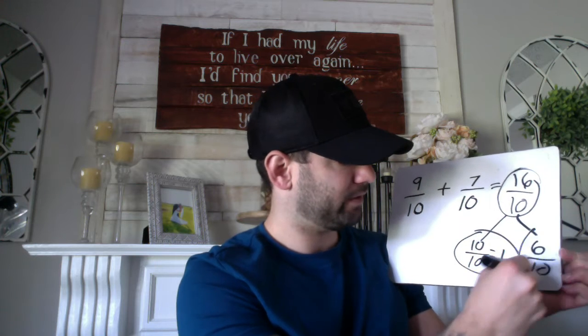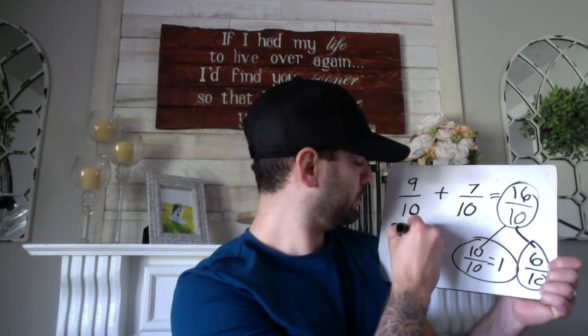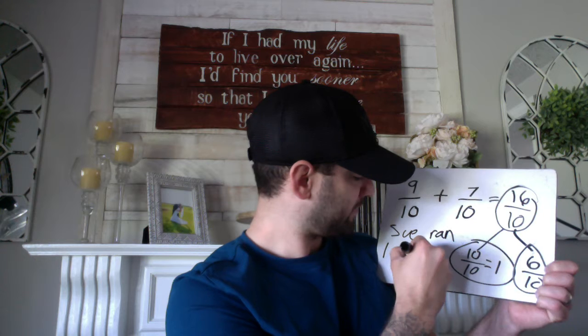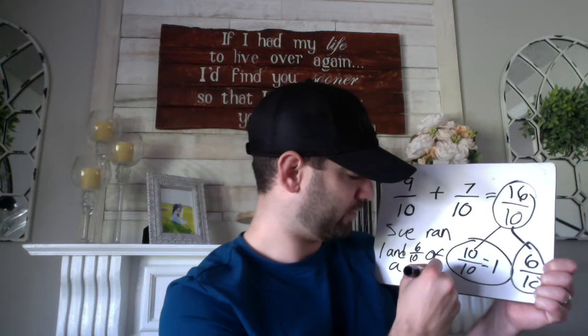So I have... You would have to write it as a sentence now because this is a word problem. Sue ran 1 and 6/10 of a mile in both days. I can't fit it over there, but in both days is what you would have written.